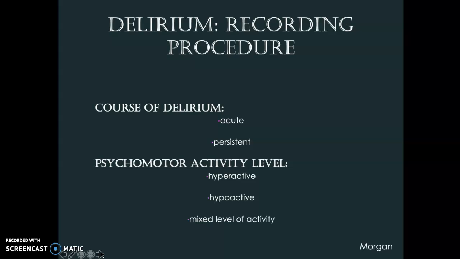So in addition to specifying course timelines, the clinician will also specify the level of the individual's psychomotor activity. They can be hyperactive. That is accompanied by mood lability, agitation, and or refusal to cooperate with medical care.